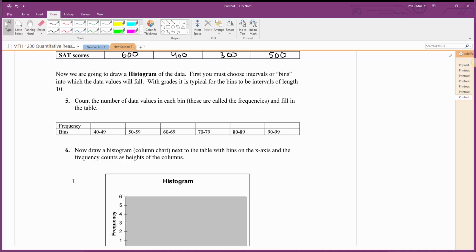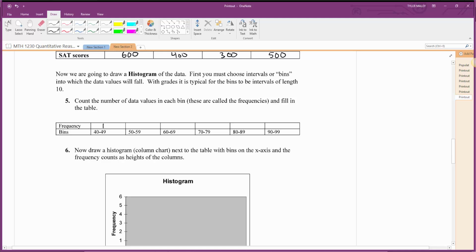So number 5, what we're doing is counting the number of data values in each bin and filling in the table, right? And since we're talking about grades, it makes sense for our class width to be 10, right? Alright, so if we just look back up at our original data set, you would just count.